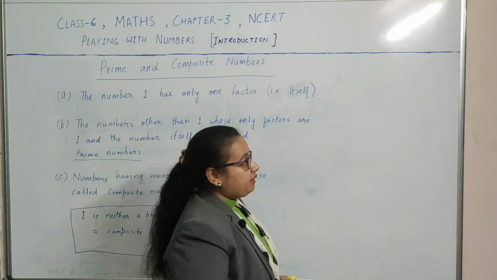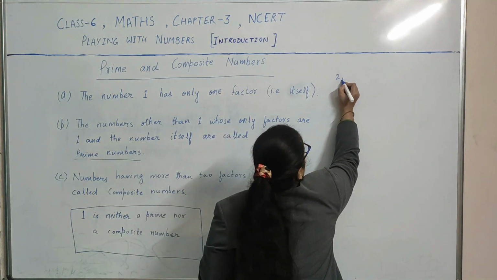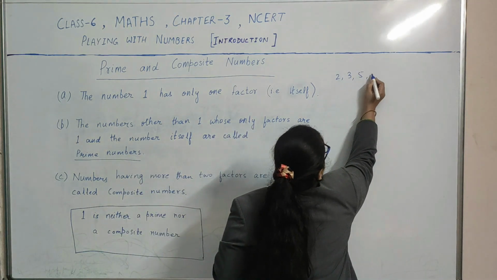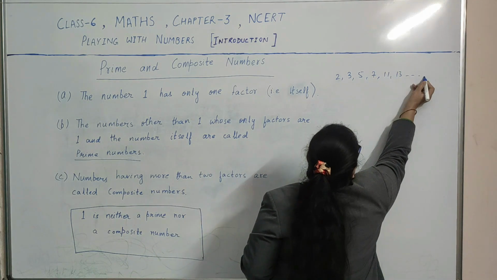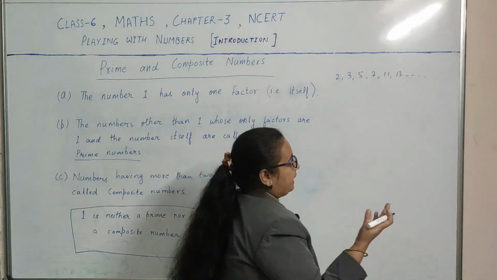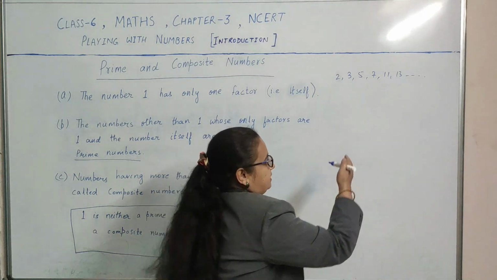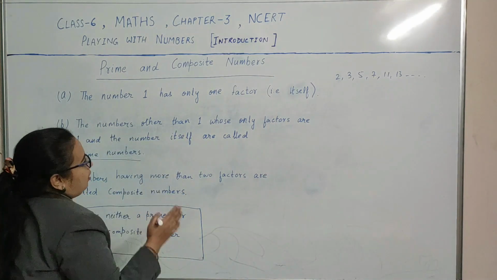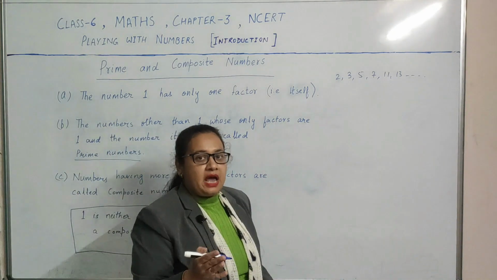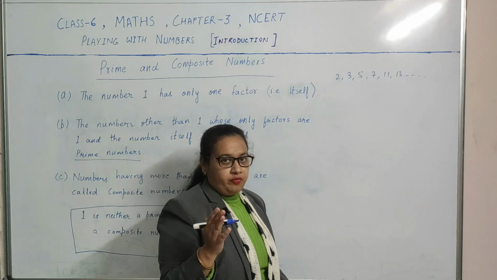So what are the prime numbers which we have learned? The prime numbers are 2, 3, 5, 7, 11, 13 and so on. You can find many more prime numbers, right? This list will go on. Now what are the composite numbers? The composite numbers are the numbers which have more than 2 factors.